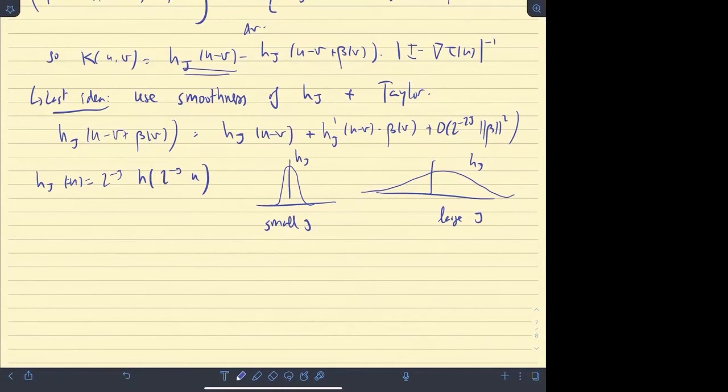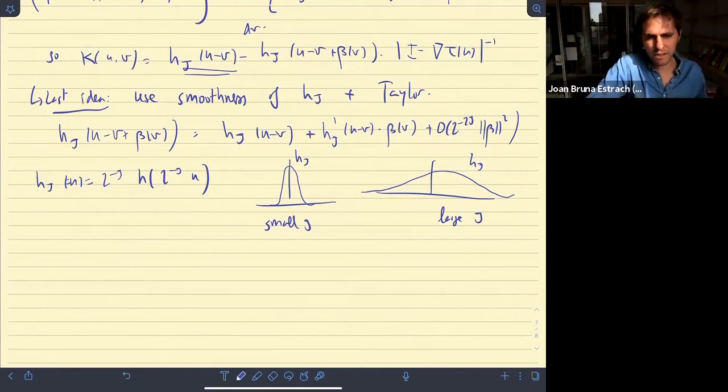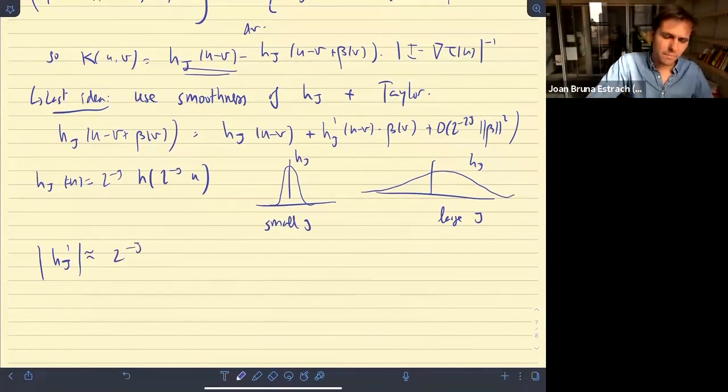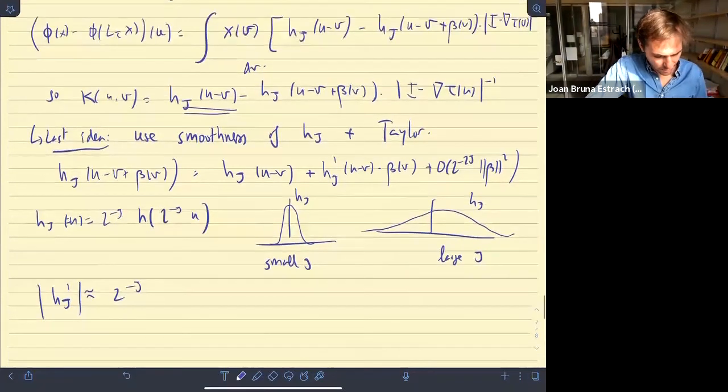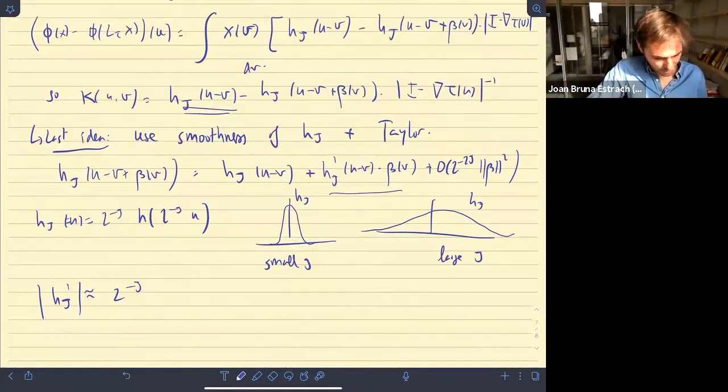And so then what you see here is that the derivative, h prime, is of the order of 2 to the minus 2j. Which means that if I look at this Taylor decomposition, this error term here is killed by this term here.